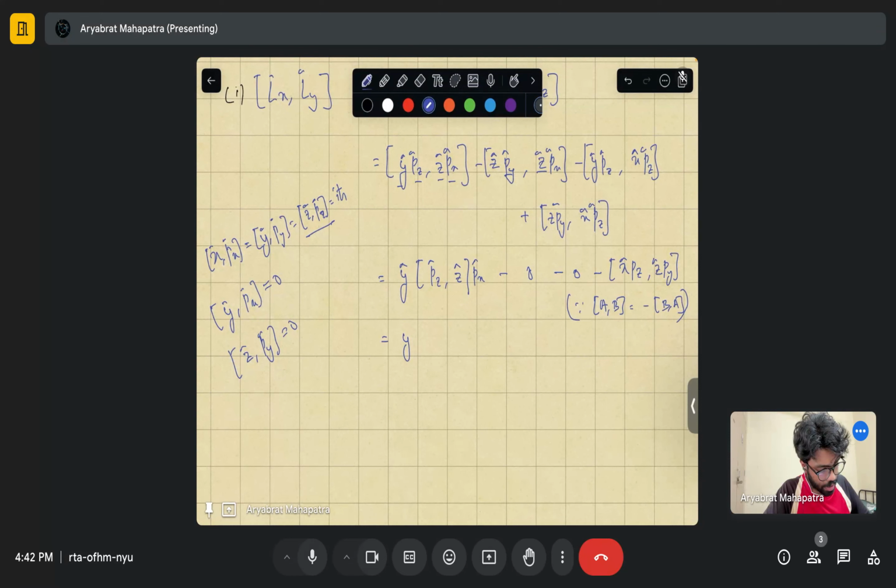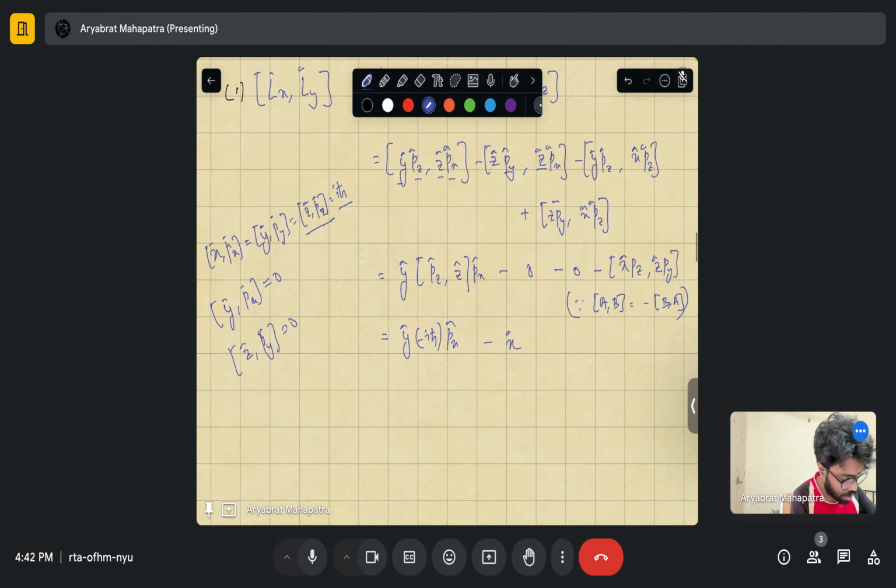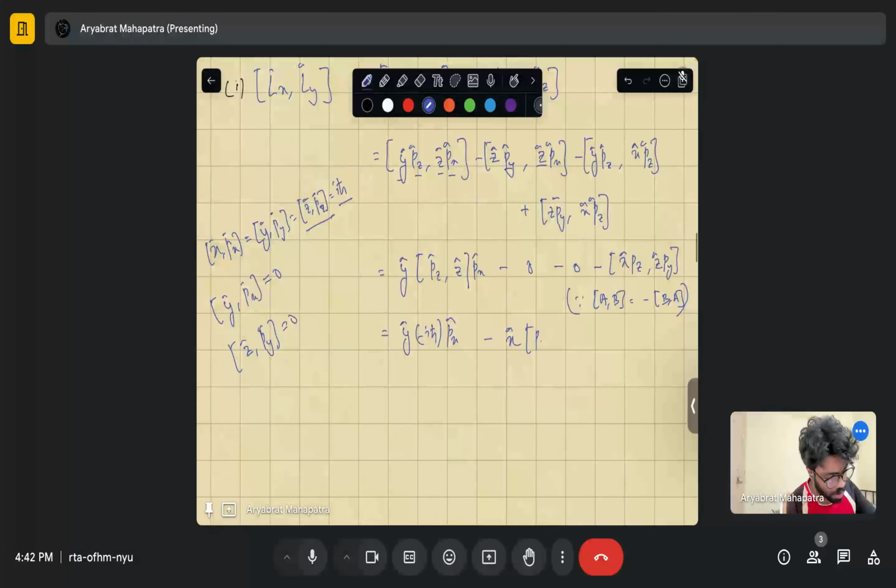So here again, the commutator of pz and z, as I said from the Heisenberg uncertainty, we know z, pz is iħ. So the commutator of pz, z would be negative of iħ, times px. And for the last term you can do again x, pz, z, py.